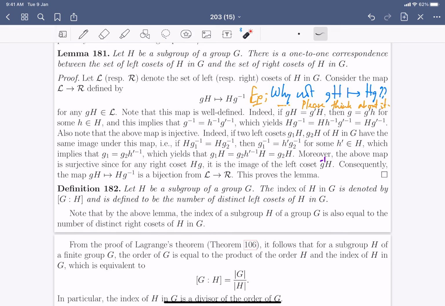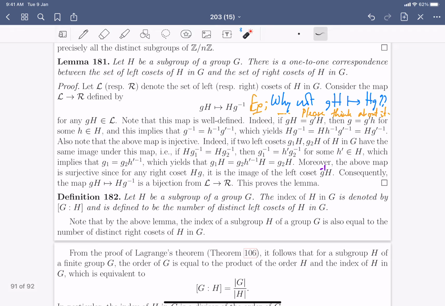So if you look at the number of cosets of H in G, or the number of distinct left cosets, which is the same as the number of distinct right cosets by this lemma, this is usually known as the index of H in G. So if you start with a subgroup H of a group G, the index of H in G is defined to be the number of distinct left cosets.